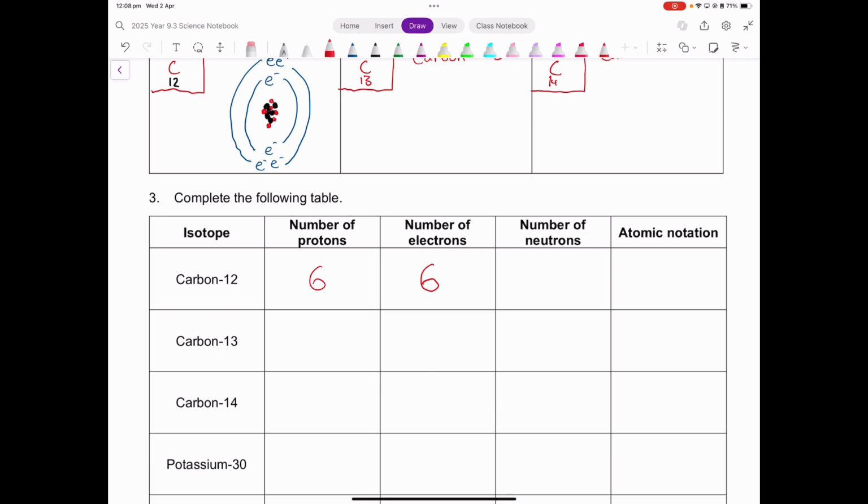In order for us to determine the number of neutrons, we take the atomic mass and we subtract the atomic number. If we, in this instance, find carbon 12, the mass is this number that exists on the end. So the mass in this instance is going to be 12 minus 6, and that is going to give us how many neutrons? 6.